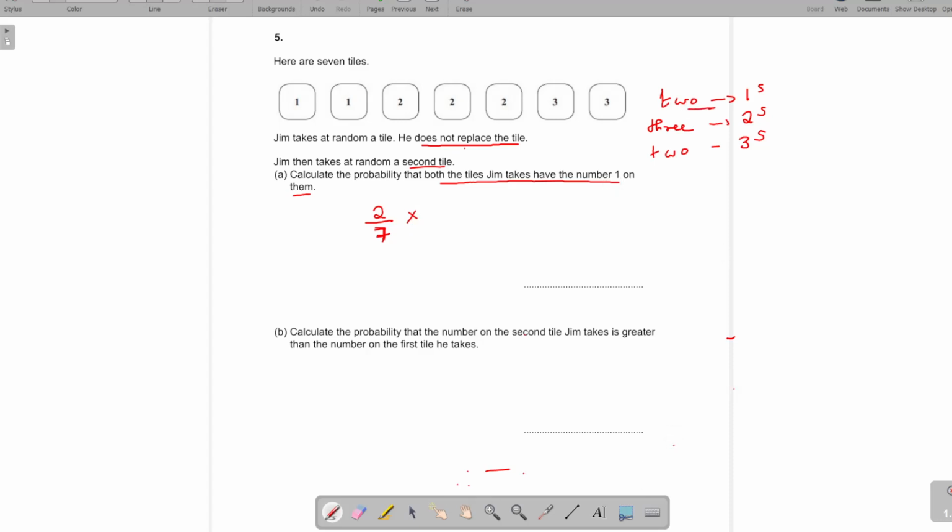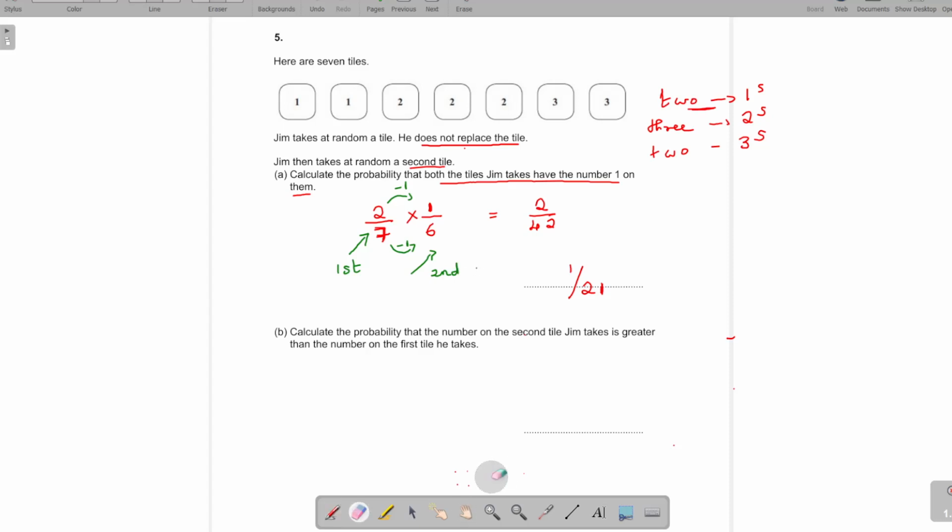Number of 1s have gone down to 1. The total has gone down to 6. So therefore it is 2 over 42, which is 1 over 21. So this is the first time. First, he didn't replace it, so the number gone down by 1 and the total gone down by 1. So that's the second.